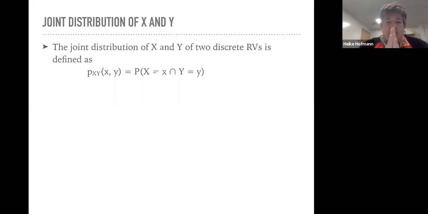Let's assume that we've got discrete random variables again, but it's going to be the same thing for continuous random variables, except we would have to deal with densities and integrals, and it's just a little bit less abstract when we deal with discrete random variables. So the joint distribution is defined as the probability that X is equal to little x, and at the same time Y is equal to little y.